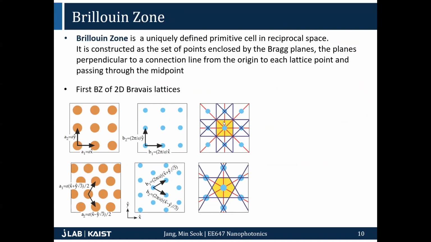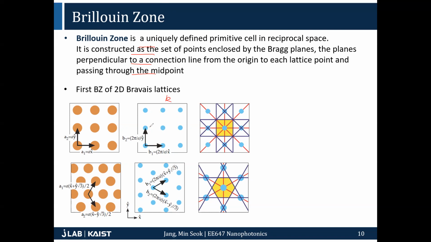Another thing that you need to define is what is called the Brillouin zone. I have a relatively long definition, but what I would like to say is that the Brillouin zone is defined in K space.